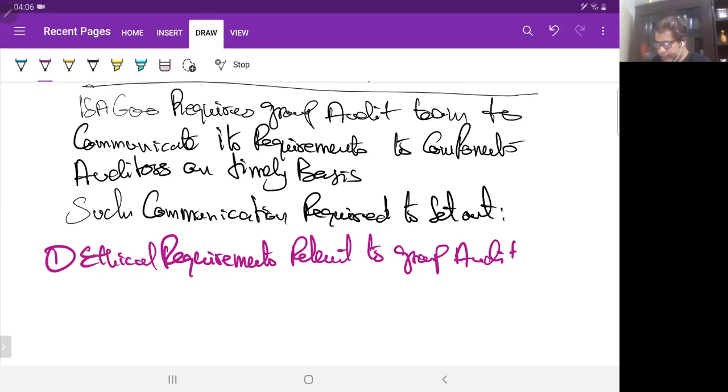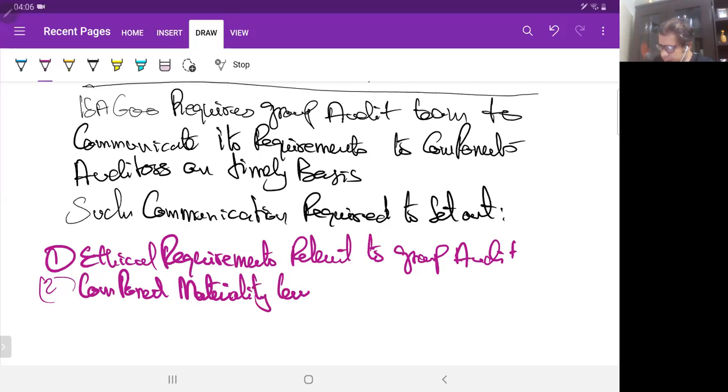Okay. Number two, component materiality level: the materiality for a component determined by the group, and the threshold above which misstatements cannot be considered clearly trivial to the group. Make sure that it is clearly trivial to the group, right?